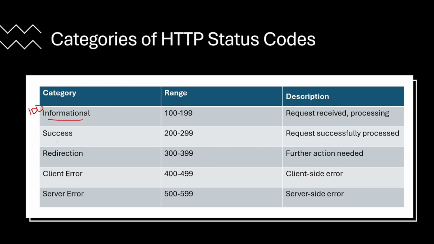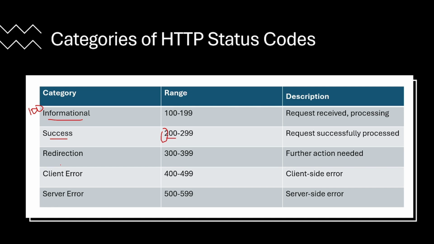Next, the 2xx series codes are the success responses. Whenever there is a success, the code will start with 2, meaning the request was successful and the server did what was expected. The most common one you will see is 200 OK, indicating that everything went smoothly. Then come the 3xx codes, which are redirection responses.